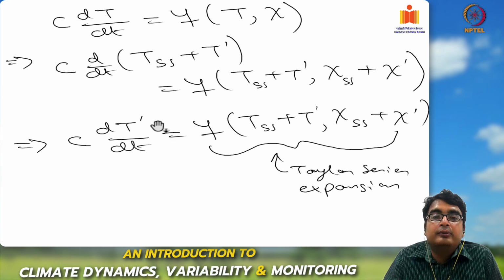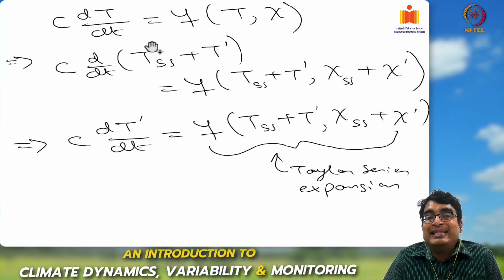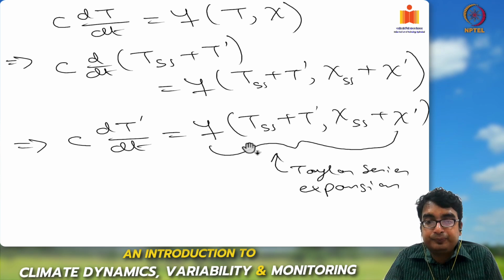Okay. Now, the steady state temperature is a constant, so dT_SS/dt is 0. So the first term cancels out and you only have C dT prime/dt.